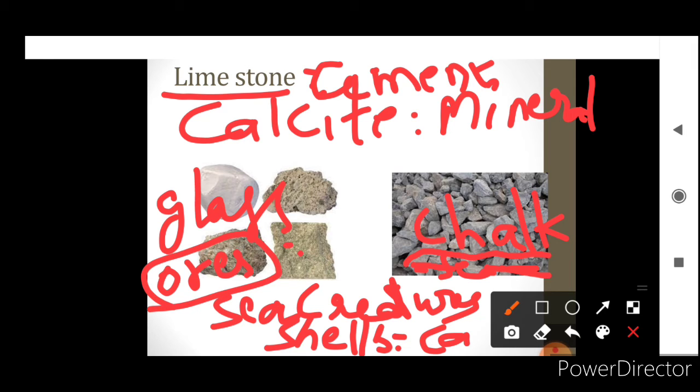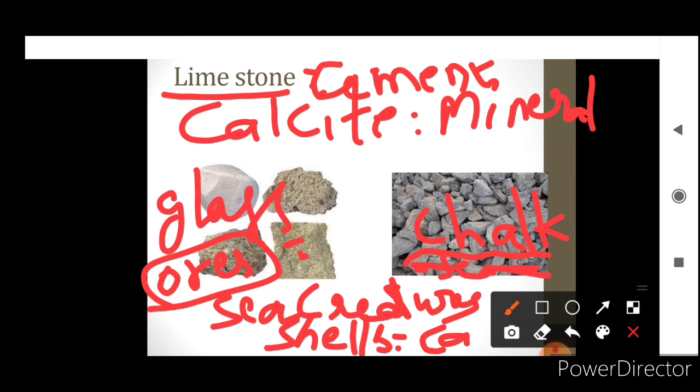It is also used in preparing alloys. Alloys means a mixture of many metals. So separating metals from their ore and making glasses, we use limestone. Understood, children?